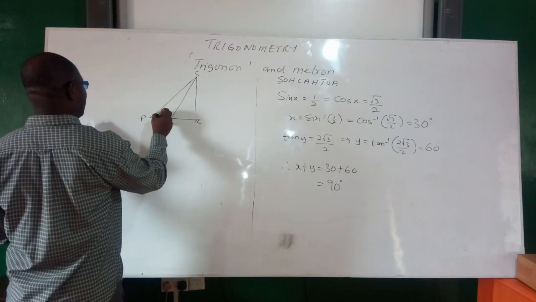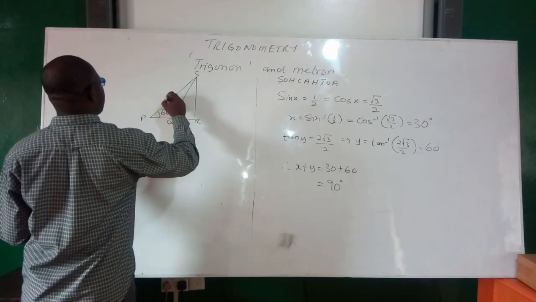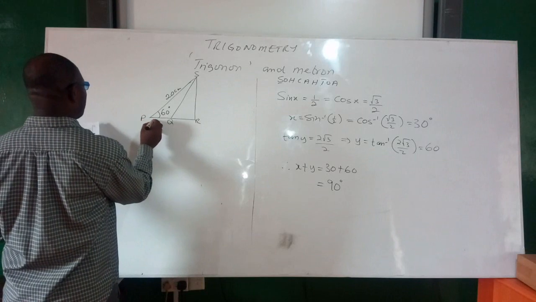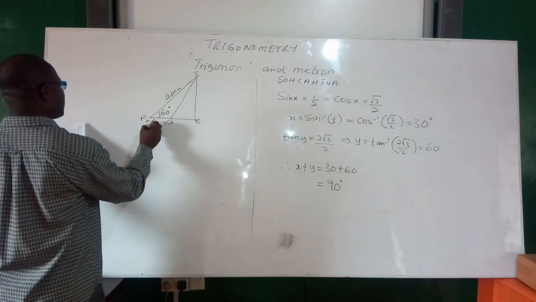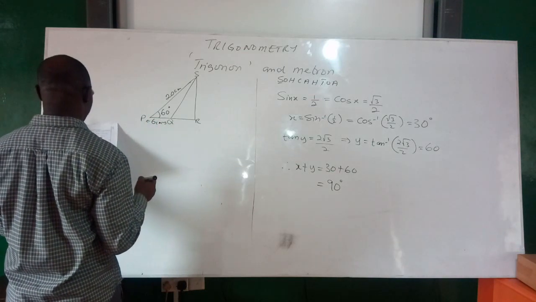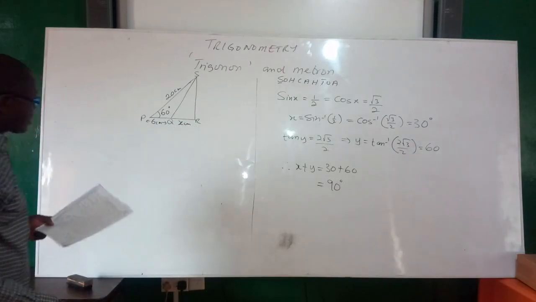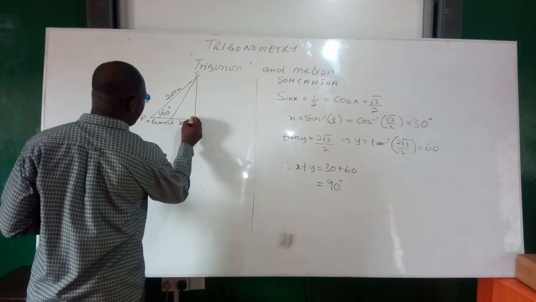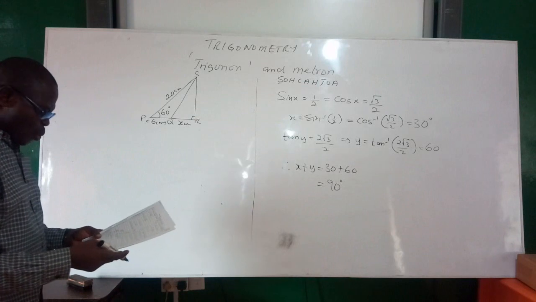The angle given is 60 degrees. This side is 20 centimeters. From P to Q, we have 6 centimeters, and between Q and R is X centimeters. The 90 is shown always because it is the right angle triangle that we are dealing with.